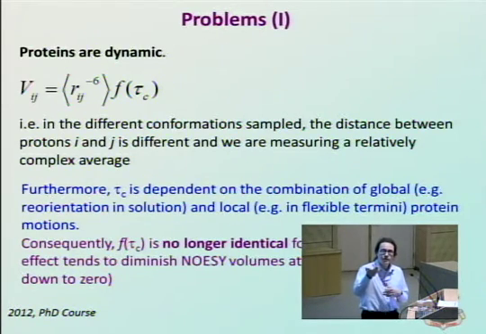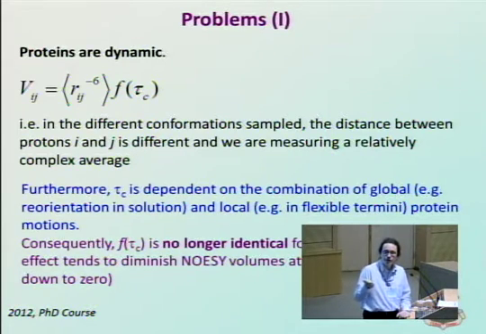So if the protein is dynamic, this number is different for different parts of the protein, because some parts will move more, some parts will move less. And so this then becomes no longer identical for all proton pairs, and that in principle again complicates the analysis a lot.